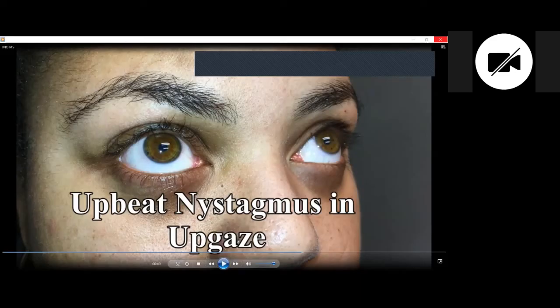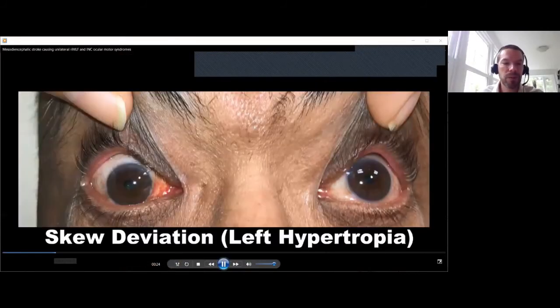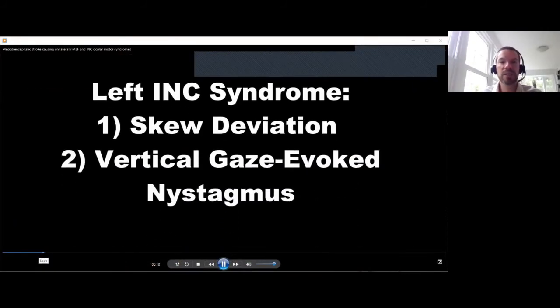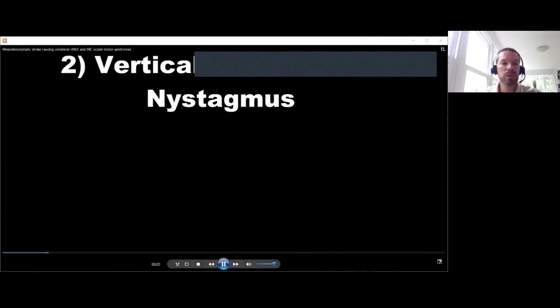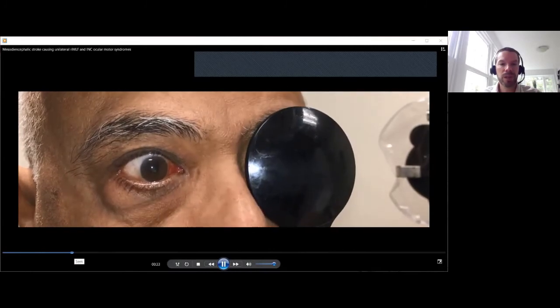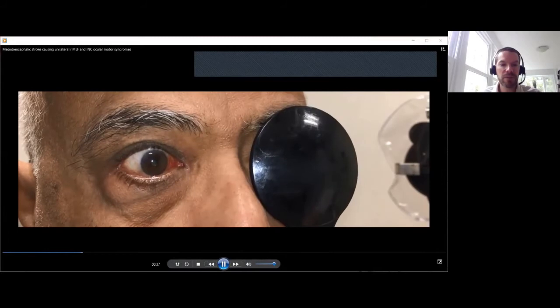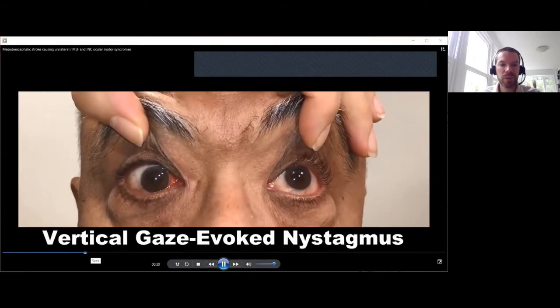Yes. And here's a quick example of the INC. So left INC, he's got a skew, he's got vertical gaze evoked nystagmus. Here's the skew. And again, you can see the left eye come way down, the right eye comes way up. This is a left INC lesion.